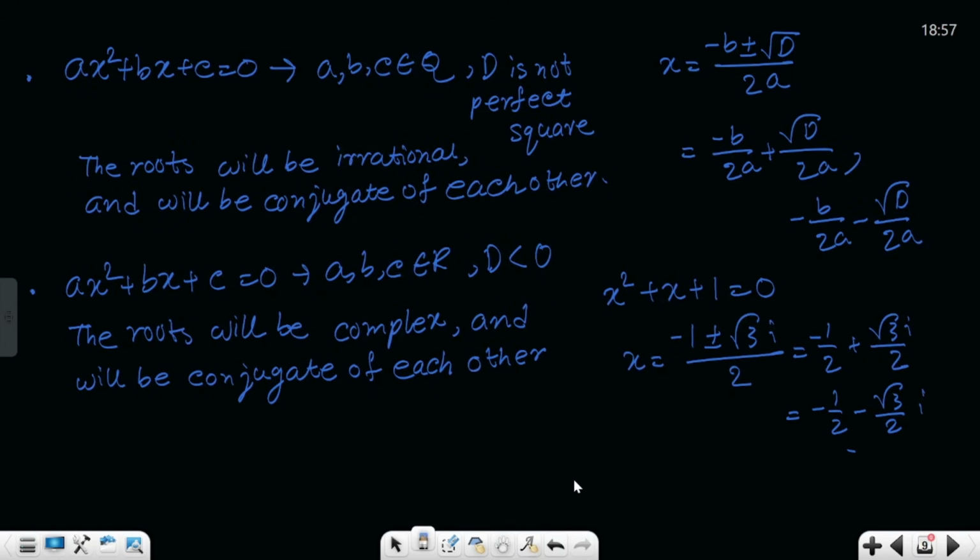That means if one root is p plus iq, then the other root will be p minus iq. Remember this. So these are the basics of nature of roots. We will discuss other things also after some lectures, after learning the graph. Now we will move on to questions on these topics.